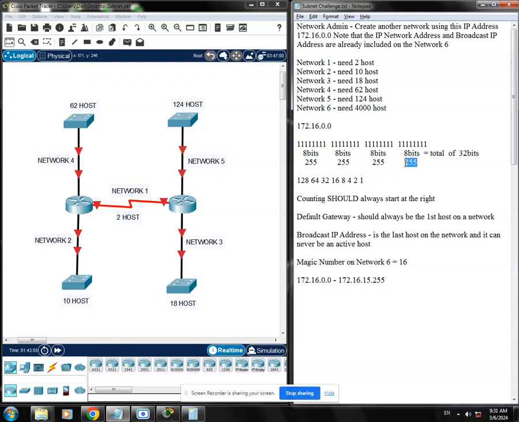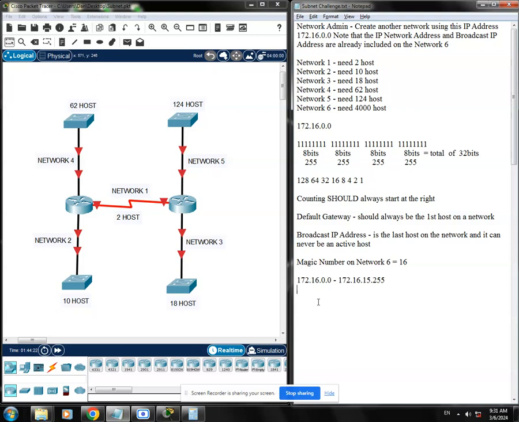As you see, it's only up to 255. We cannot put 256, we cannot put 257. It's 255. So now we can easily identify that this is the network IP address, and this is the broadcast IP address.